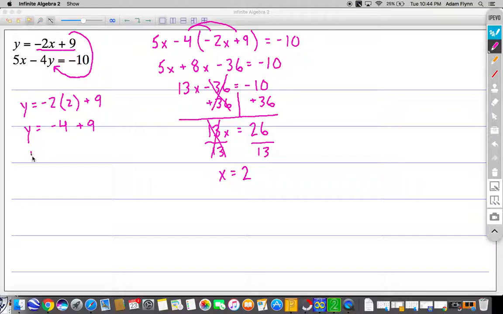And negative 4 plus 9, last time I checked, is going to be positive 5. So I've solved for x, I've solved for y, so I know these two lines, when graphed, cross at the point 2, 5. Remember, x always goes before y. Order is very important here. Pause the video if you need more time.